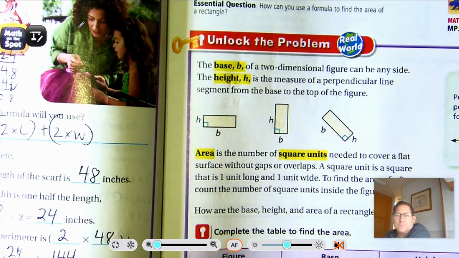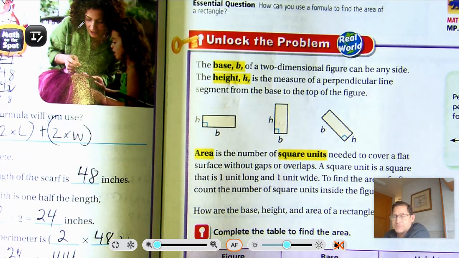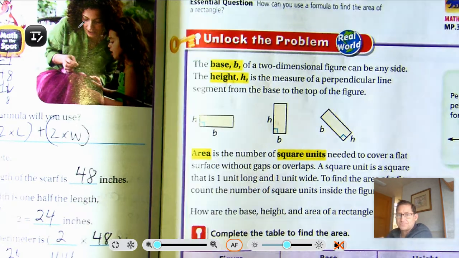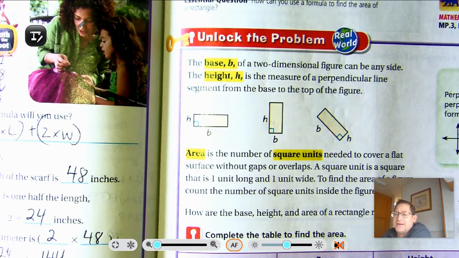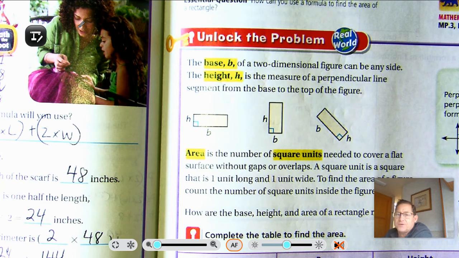So, unlock the problem. The base, B, of a two-dimensional figure can be any side. The height, H, is the measure of a perpendicular line segment from the base to the top of the figure.